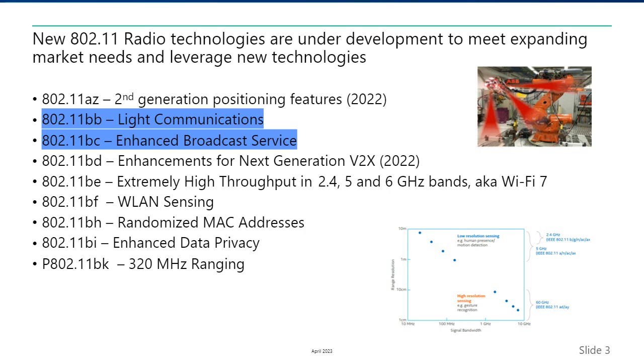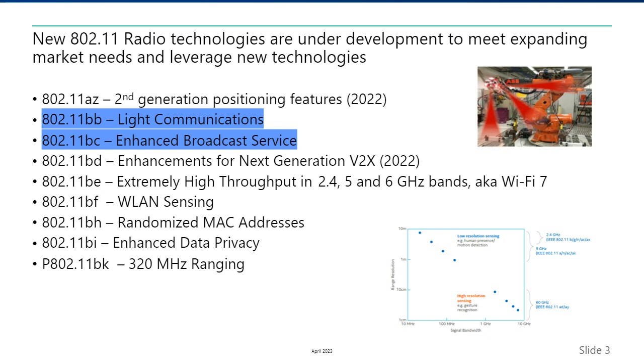And the amendment that we completed with 11AZ enables centimeter level accuracy in applications, which is an order of magnitude improvement over what the technology currently provides, which is meter level accuracy. That in itself does support a lot of applications, such as wayfinding in indoor applications.